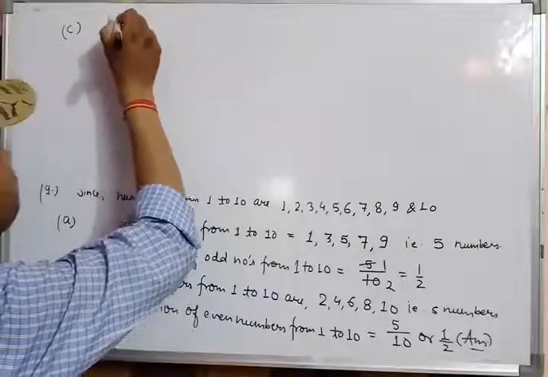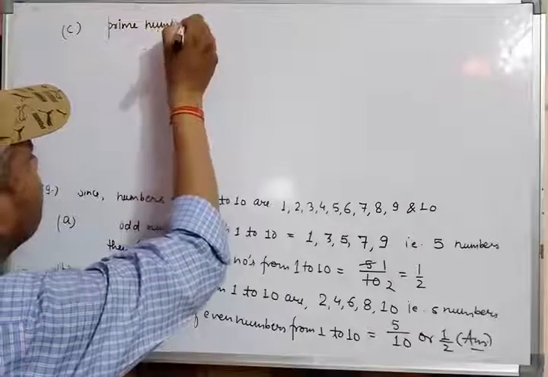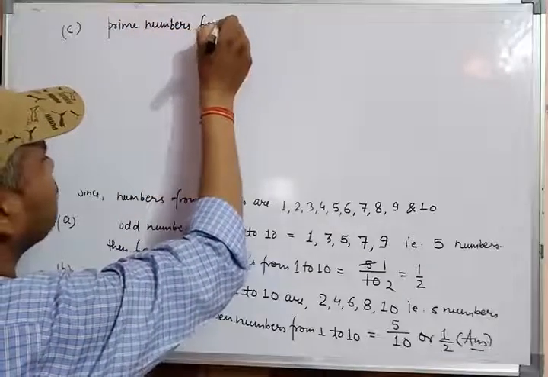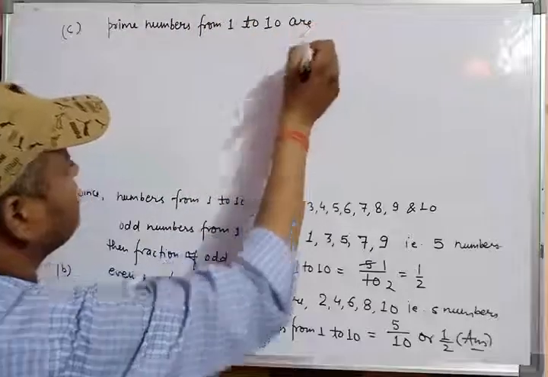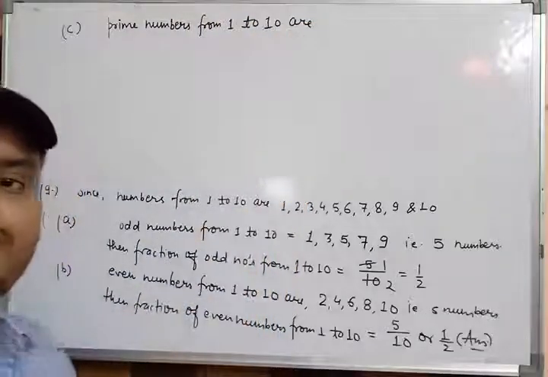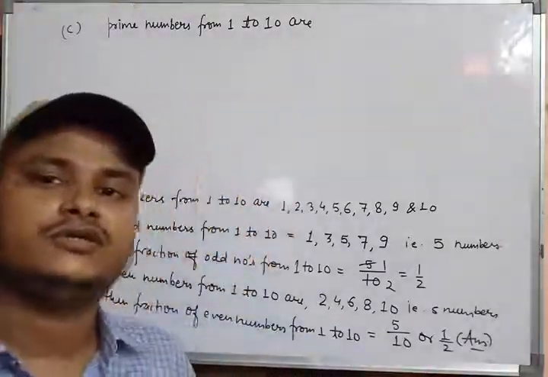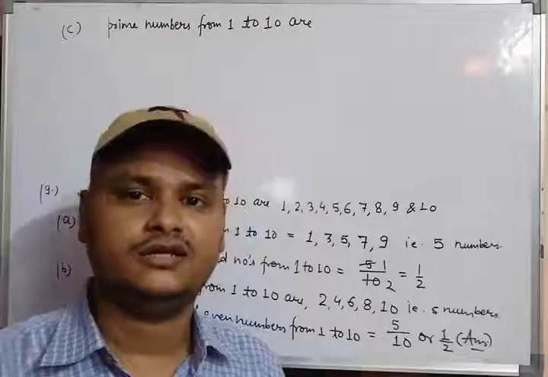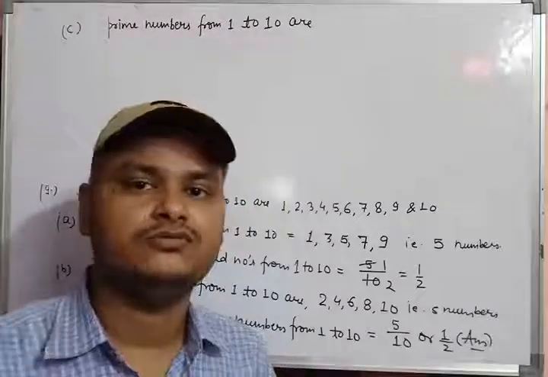Students, first of all you have to know about prime numbers. Prime numbers are numbers which are divisible only by 1 and itself, and prime numbers start from 2.